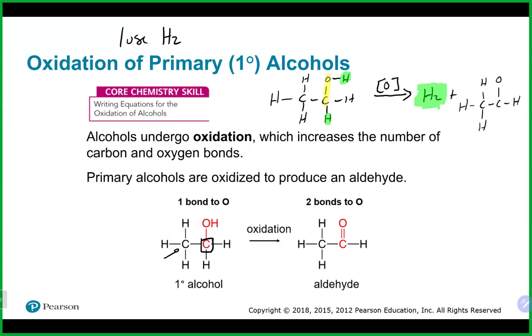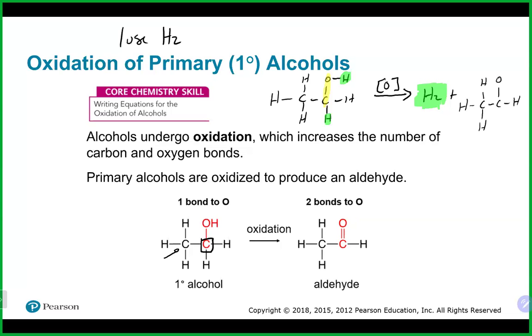You could think of this reaction as similar to what happens when we make a double bond or a triple bond. If I want to make an extra bond between two carbons, what ends up happening? I have to remove two hydrogens, one from each.